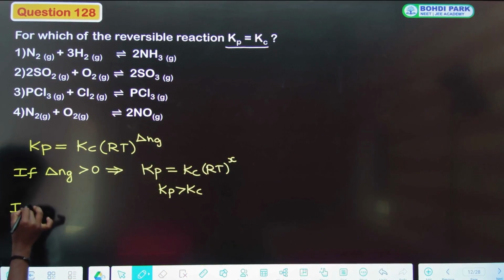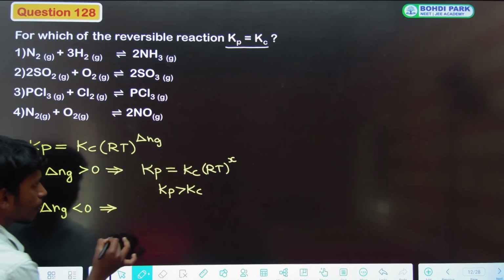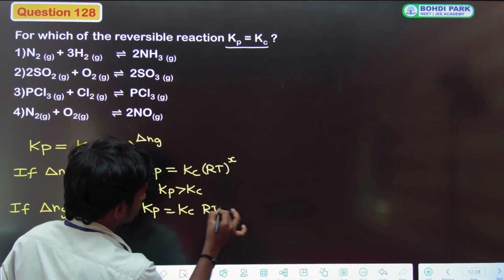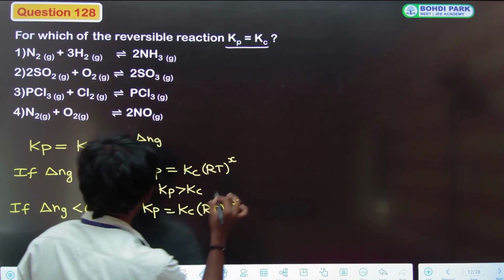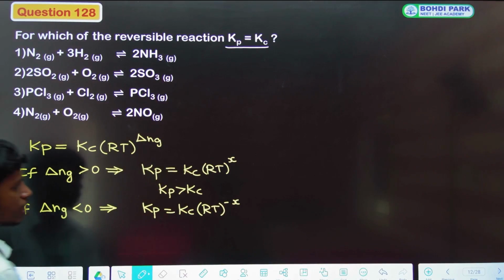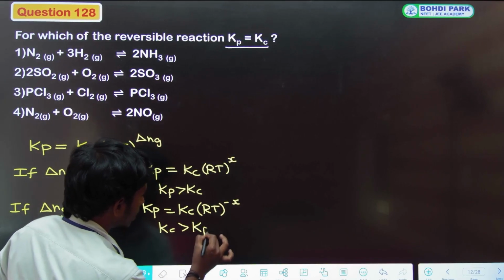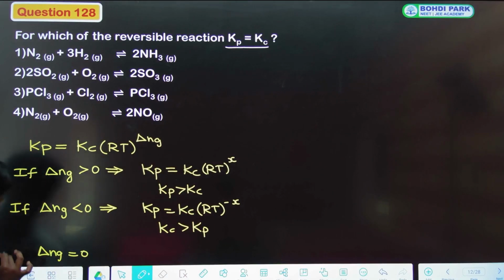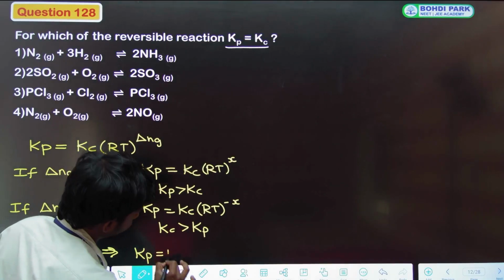If delta Ng is less than 0, then Kp is equal to Kc into RT power minus X. Okay, so in such case, Kc will be greater than Kp. எப்போ delta Ng equal to 0 இருக்கும்? If delta Ng is equal to 0, Kp will be equal to Kc.